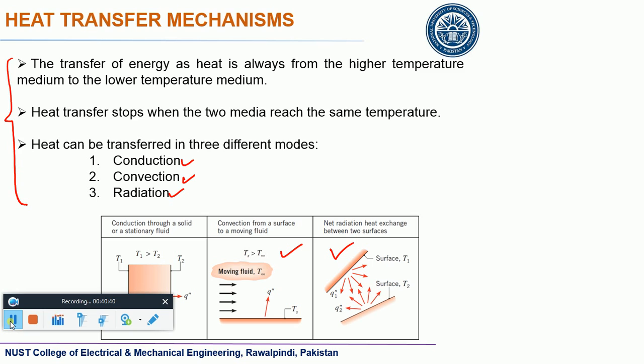But that is something which is due to convection. Convection and the radiation. Major phenomena would be, in case of a heater being installed in a room, the heat would be transferred through convection and radiation.